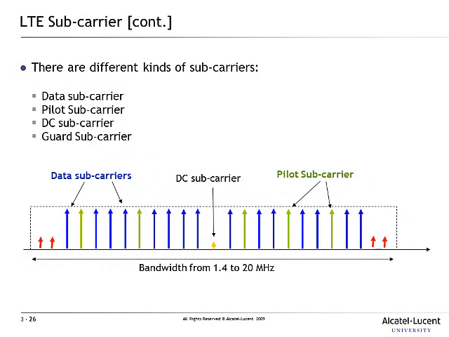Now, not all the subcarriers are used for data transmission. The majority of the subcarriers are used for data transmission, but you also need subcarriers for pilots. Sometimes it's necessary for the receiver to synchronize in frequency, and you need pilot subcarriers for that.